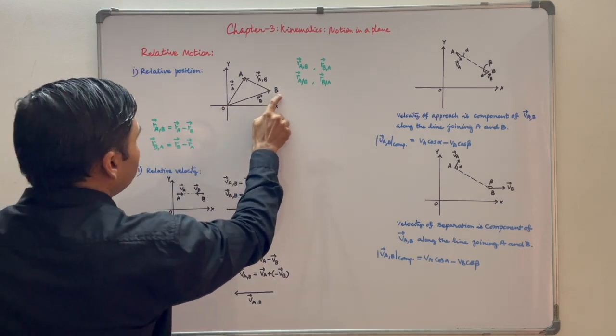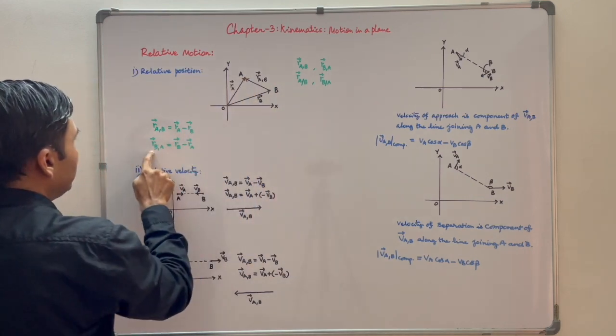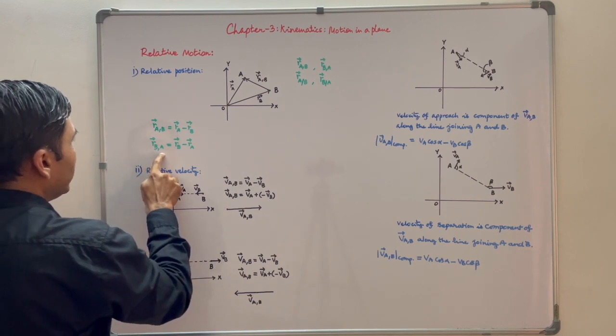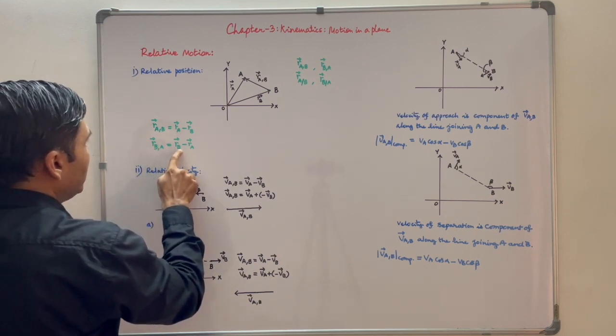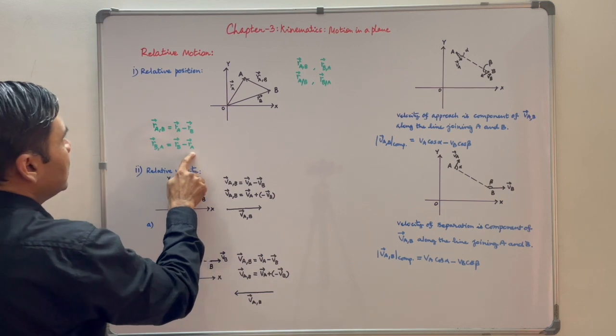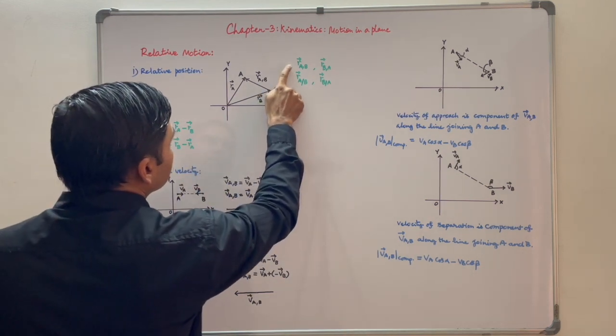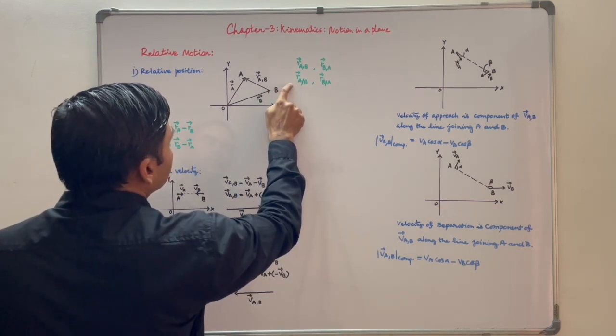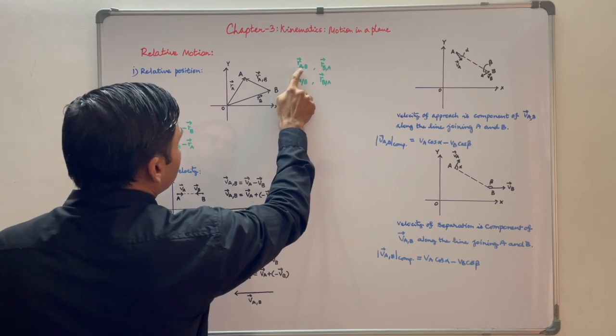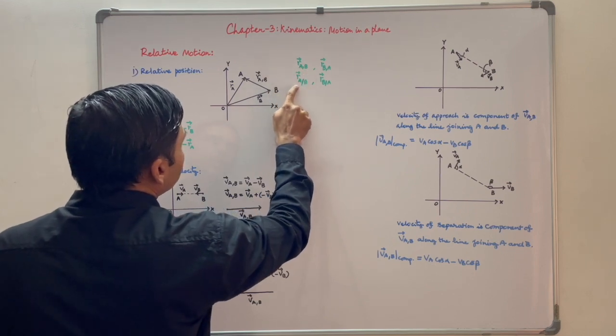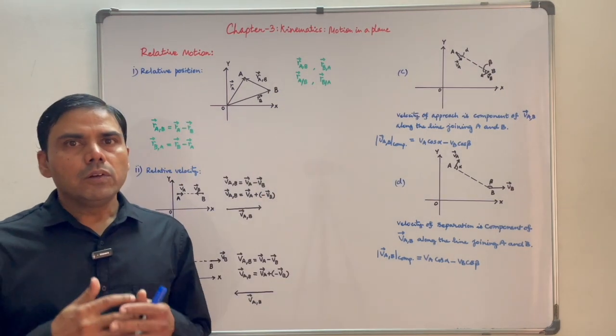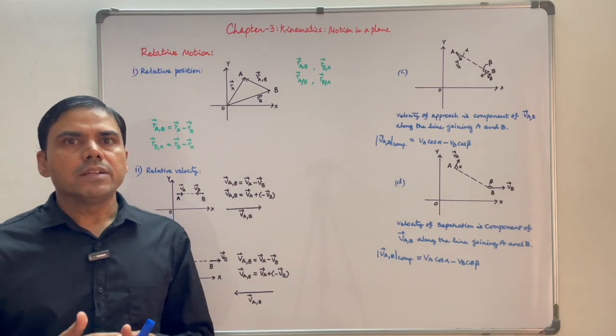Similarly, position of B with respect to A is given by vector RB,A, and that is equal to vector RB minus vector RA. Relative position can be represented in either of these two ways, as vector RA,B or vector RA/B. Now let us understand relative velocity.